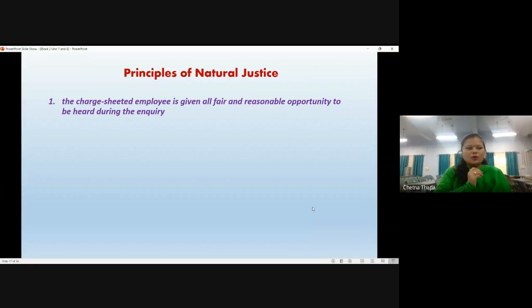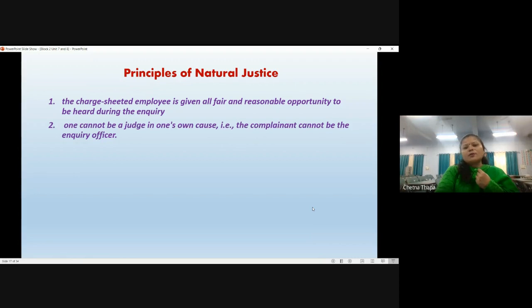You should not be very subjective, but should give a fair chance. That individual should be given a fair chance and also an opportunity to be heard during the inquiry. And one cannot be judged in one's own cause. Like, the complainant cannot be the inquiry officer. As we have discussed about the eligibility also, the complainant should not be the inquiry officer.